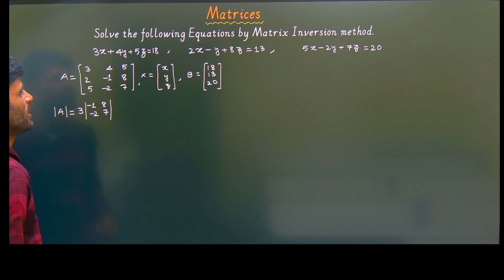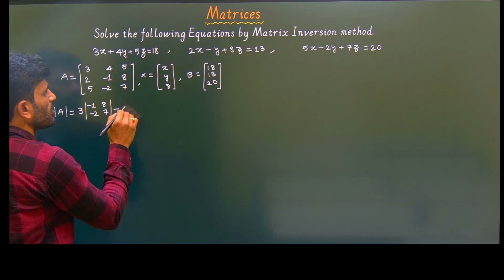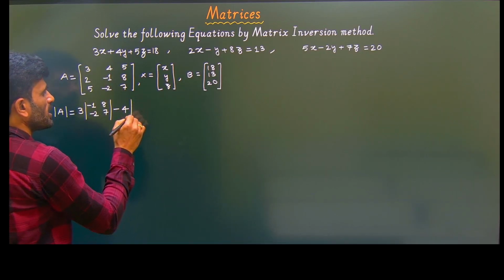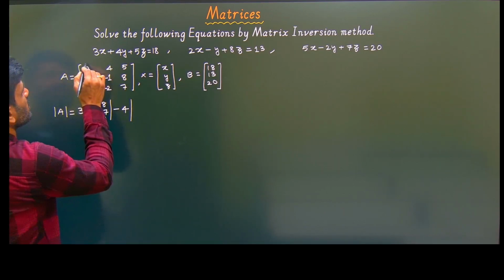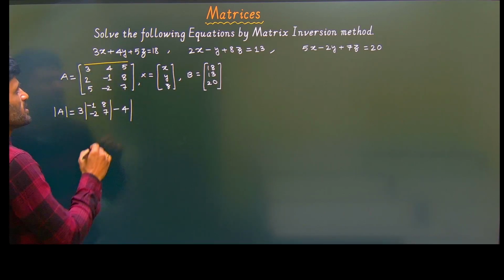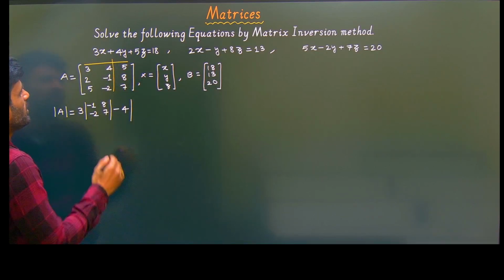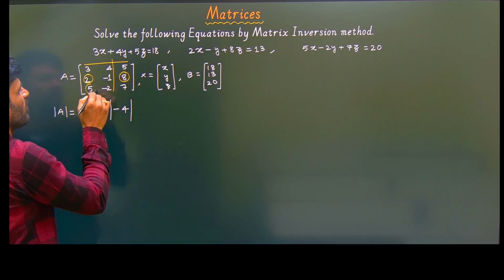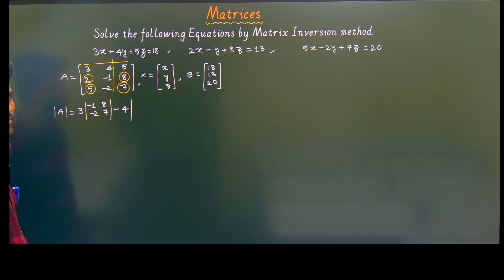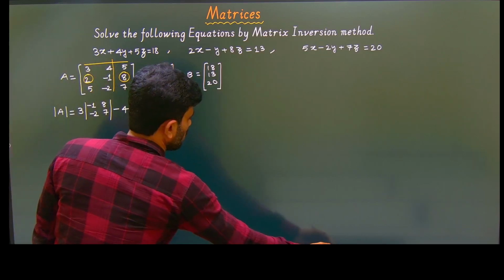After that, in a similar way, the second element, that is 4. When you take the second element, we have to take minus 4 into, again the same procedure, the first row and the second column we eliminate. Then we will have 2, 8, 5, 7. So we write these elements within the determinant.